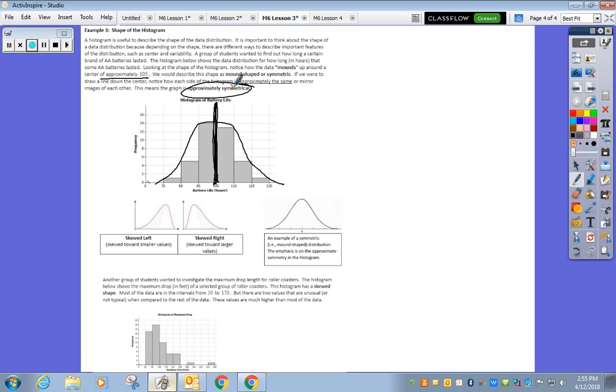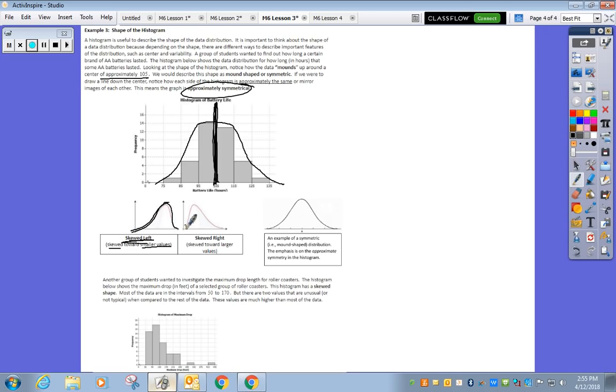Now, if we were to do this and draw a line, there are 2 different ways we say it's skewed. If it's skewed left, so if we drew our center and we drew our little mound around it, we would see that it tapers off to the left. So we call it skewed towards the smaller values, which would be to the left.